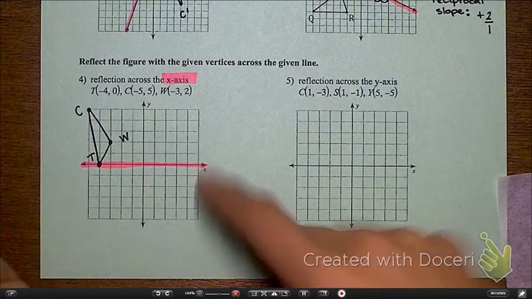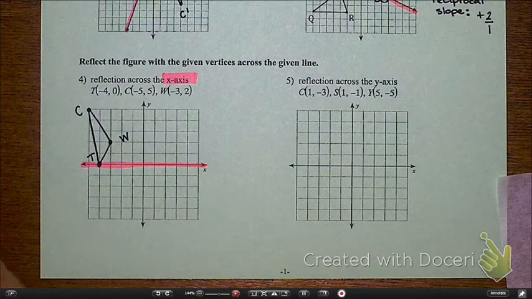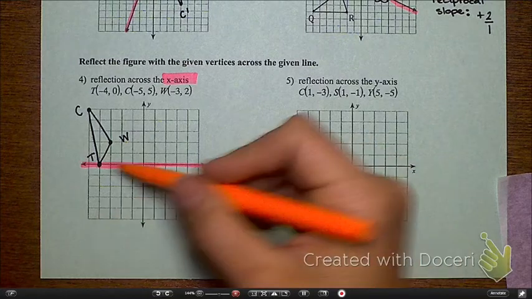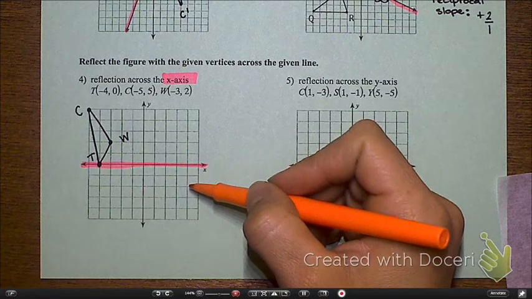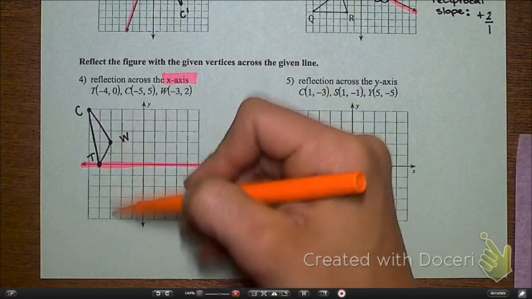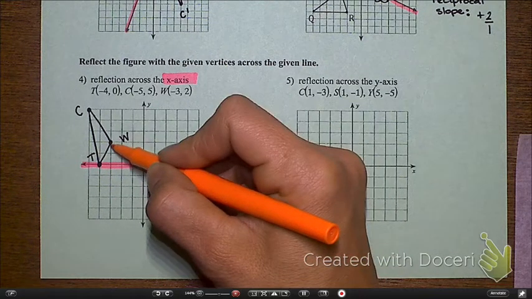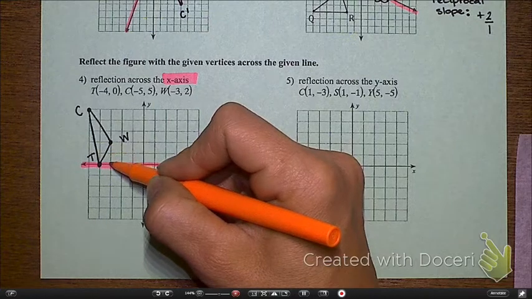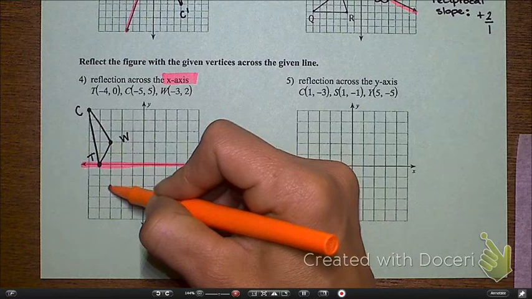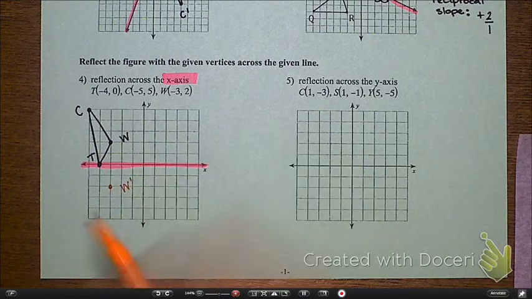If you have a horizontal line, what kind of line makes a right angle with it? Vertical line, right? So I don't even need to find the slope here because it's horizontal. I can just say that vertical is going to give me perpendicular, right? So I can just count vertically. 1, 2 to the line, and then 1, 2 below the line. That's where W prime goes.